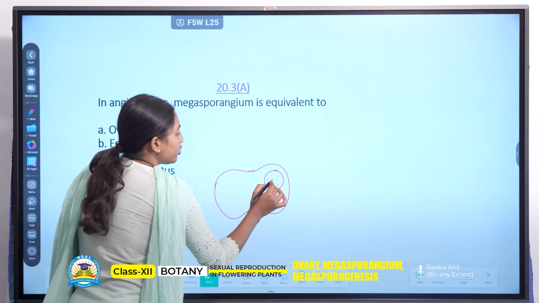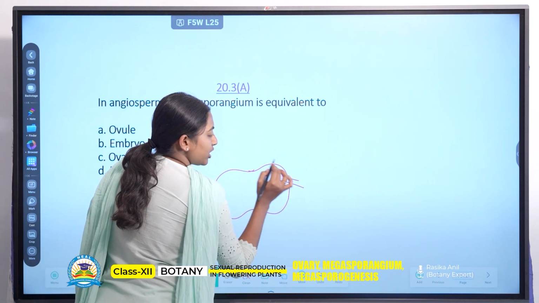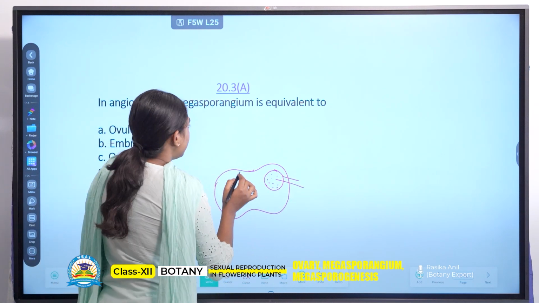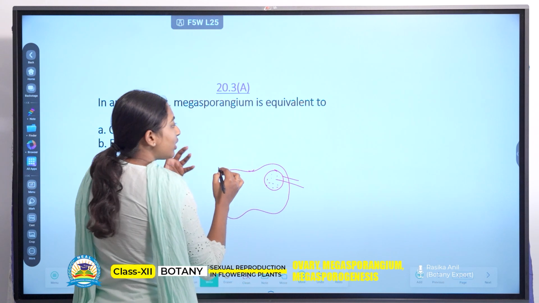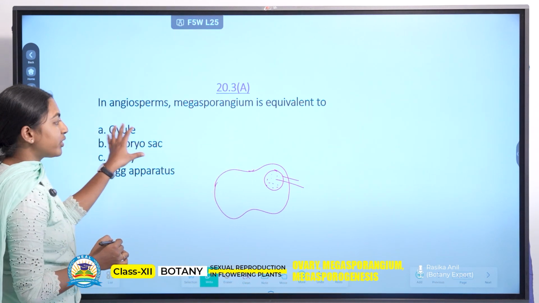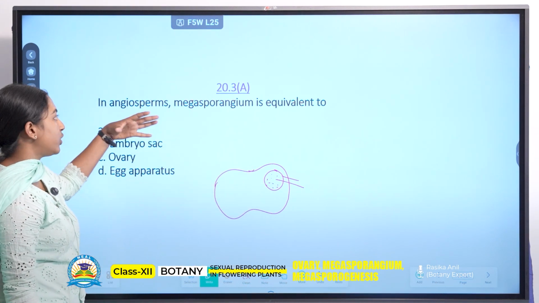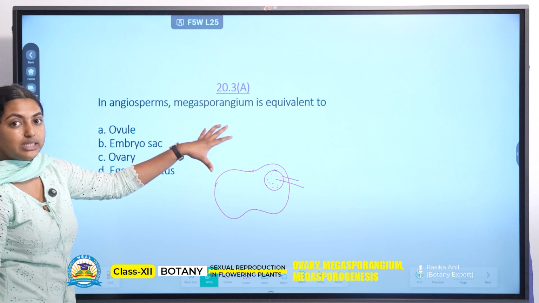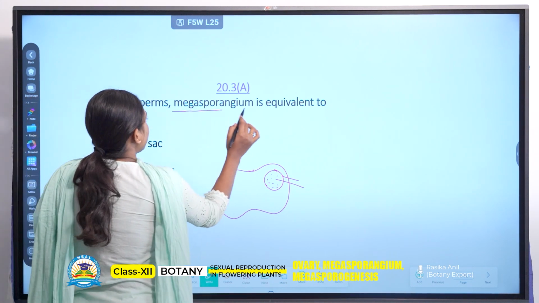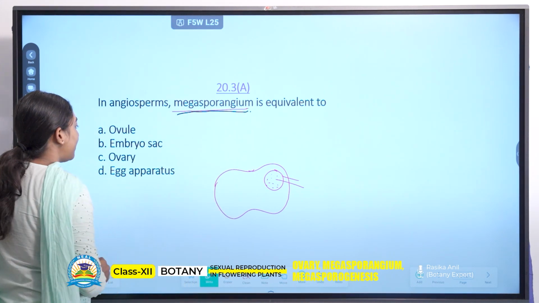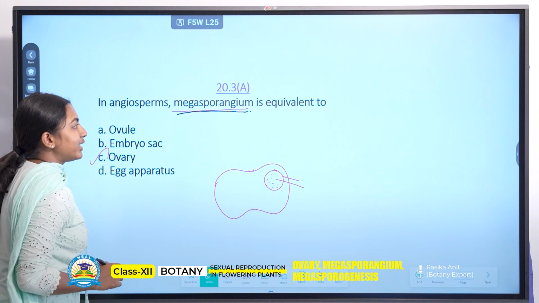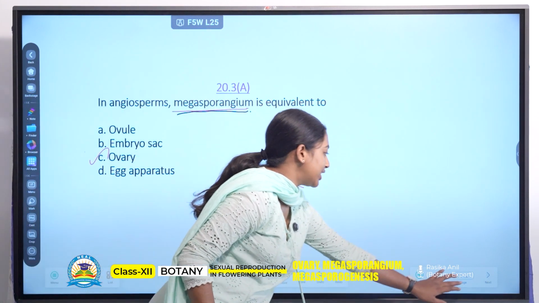So the sporogenous tissue becomes pollen grains and the microsporangium becomes the pollen sac. It's the same thing here, ovule and ovary, right? Ovule you can relate to the pollen grain, and ovary you can relate to the pollen sac. So in that case, megasporangium here is nothing but the ovary. Ovary will be your megasporangium.